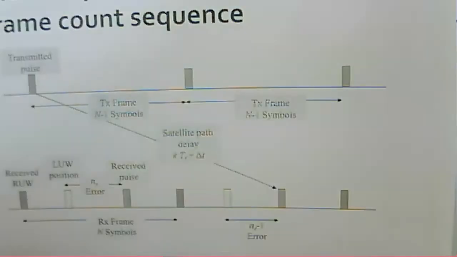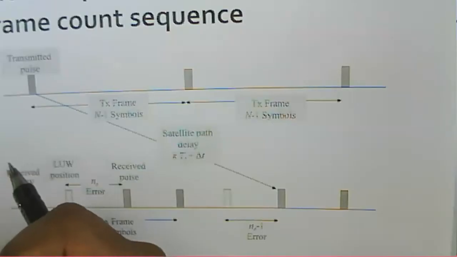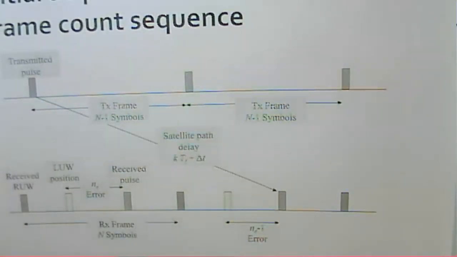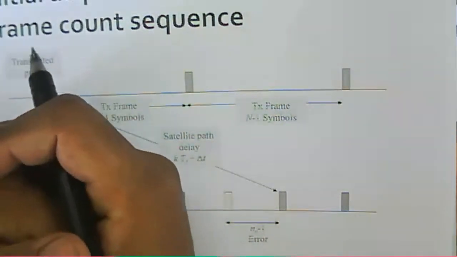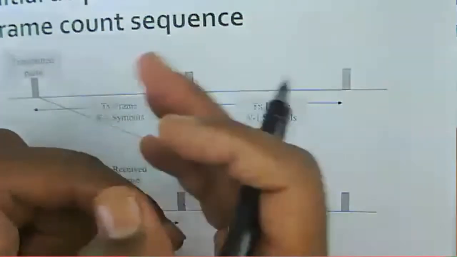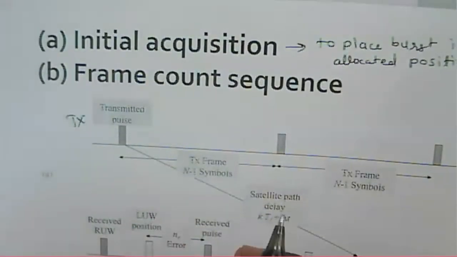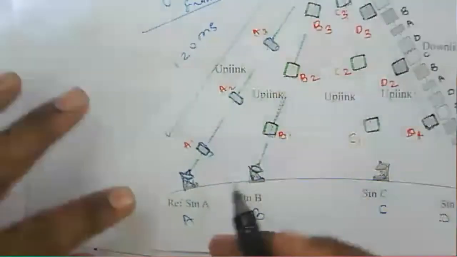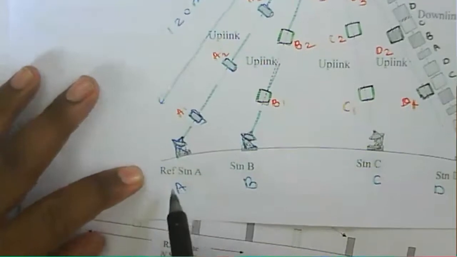Generally we say that an Earth station transmits a burst of data, and that burst is to be allocated one particular position, and that position can be obtained through the reference station. Okay, so earlier we have seen this. We have the reference station. This is the reference station here.